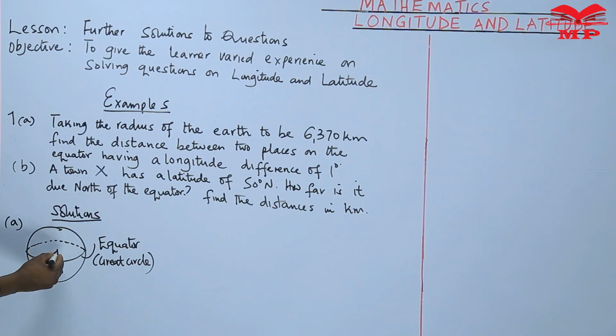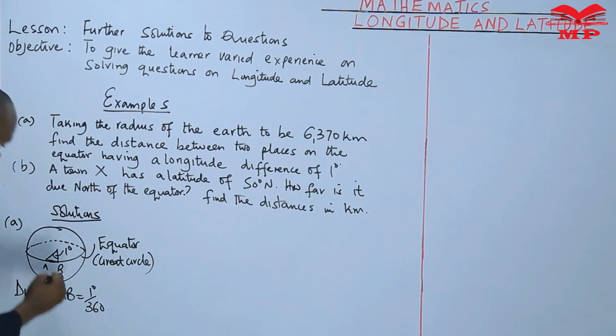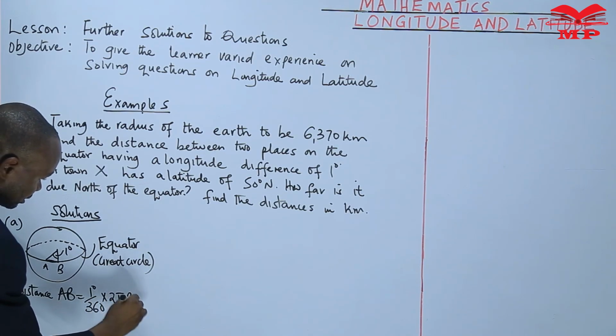So the angle subtended here, according to the question, is 1 degree. It's like an arc length. We are finding arc length AB when we are given the radius of the circle. So the distance AB will be given by 1 degree over 360 degrees, to make a complete circle, times 2 times pi times r.